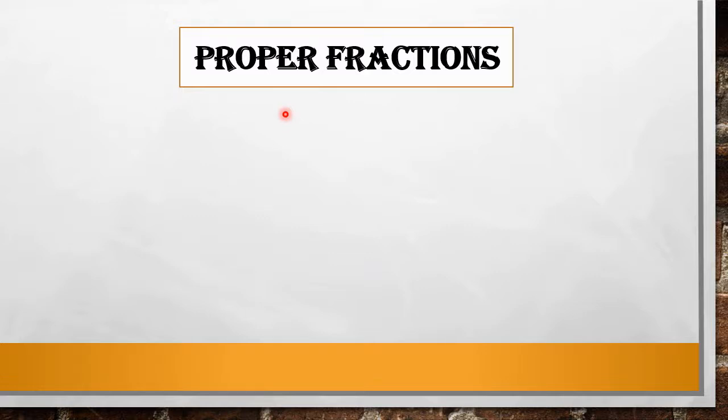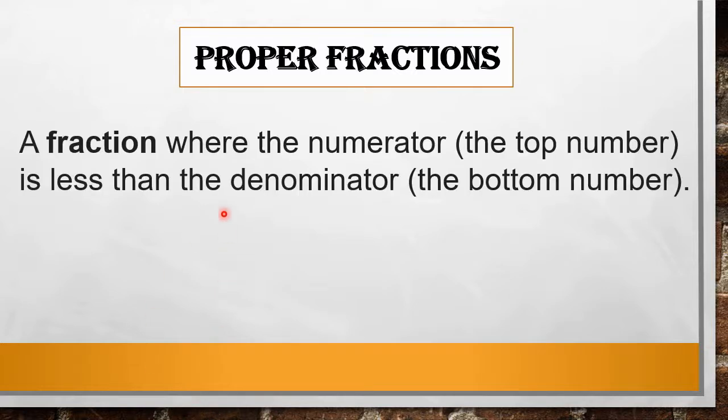First is proper fractions. A fraction where the numerator, meaning the top number, is less than the denominator, meaning the bottom number. Here in a proper fraction, the numerator is less than the denominator.